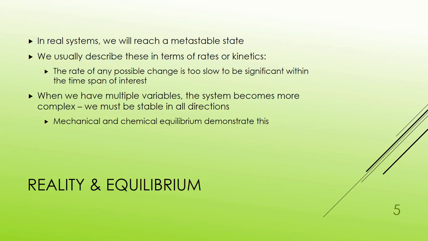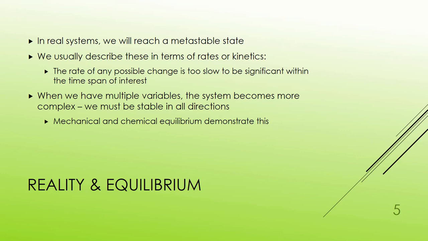When I have multiple variables, this can get a little bit more complex because I need to be stable in all directions. The concepts of mechanical and chemical equilibrium describe this, where I have to have not just the temperature being constant throughout the system, but I also need, for the case of mechanical equilibrium, the pressures to be constant throughout the system.